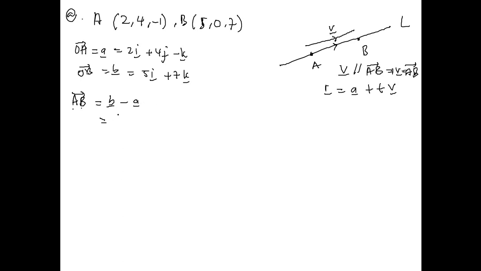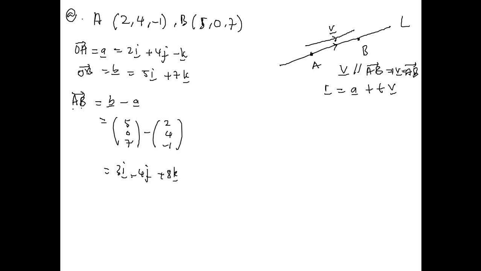Or you can change to matrix form: (5, 0, 7) minus (2, 4, -1). The answer is 3i minus 4j plus 8k.